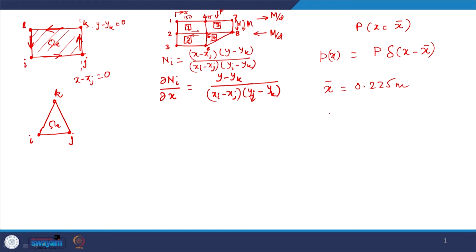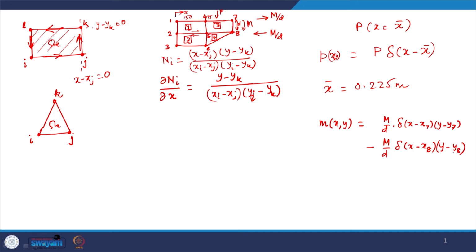So, we will have delta x minus x 7 multiplied by y minus y 7, minus delta x minus x 8, y minus y 8.